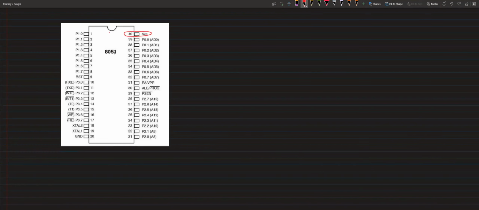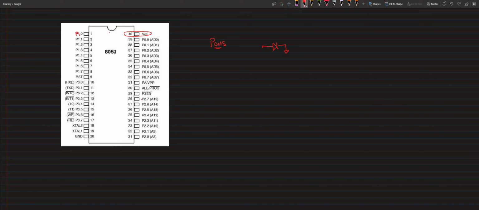You can see the naming conventions like P1, P2, P3, and P0. These are called ports. For example, if you want to connect one LED to one of these pins, then we have to use ports for programming, blinking the LED or reading some status.